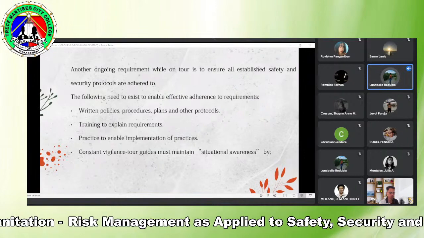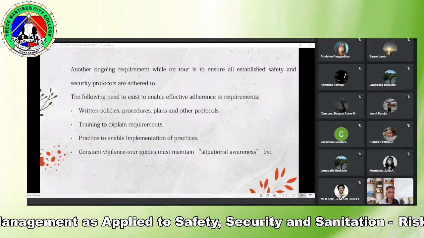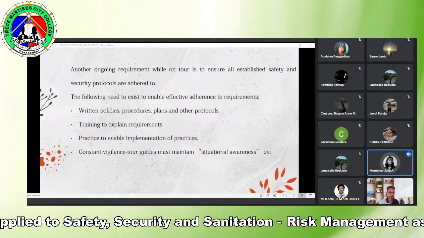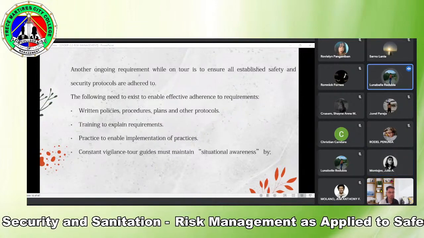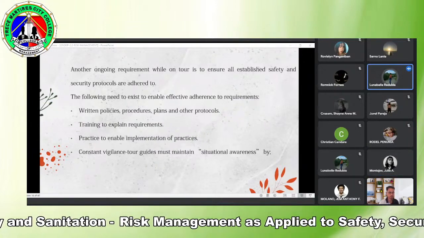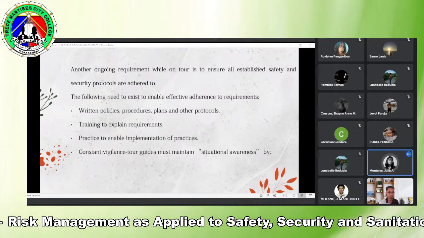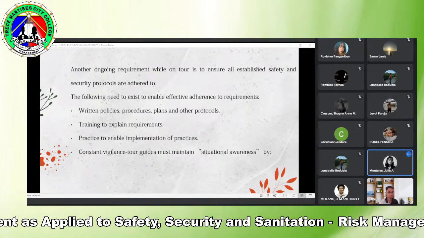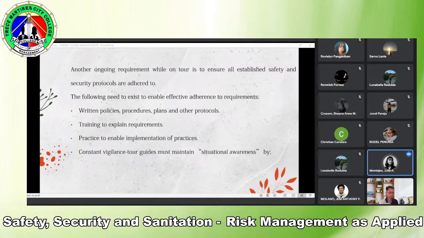Any idea about this po from the guests? Ako po. Can you repeat the question po? The third bullet po, the practice to enable implementation of practices. Any idea about that po? For example po, yung sa rules nga po, kailangan, or yung mga policies po, kailangan pag-aralan niyo po siya para mapatupad po yun.